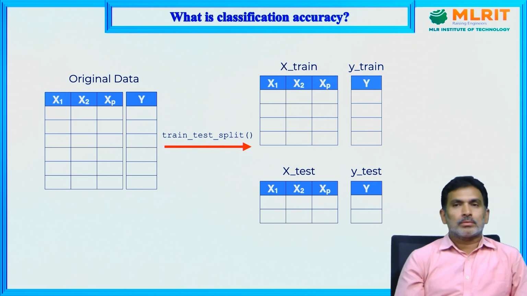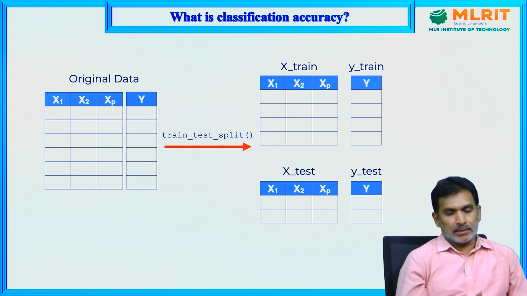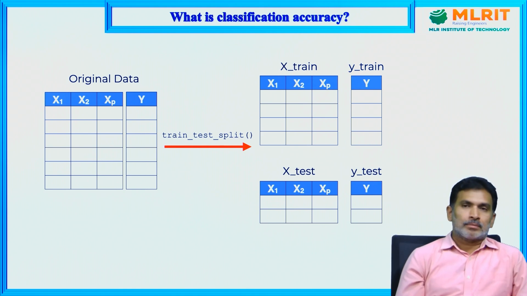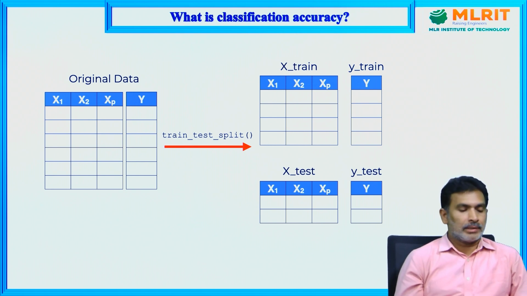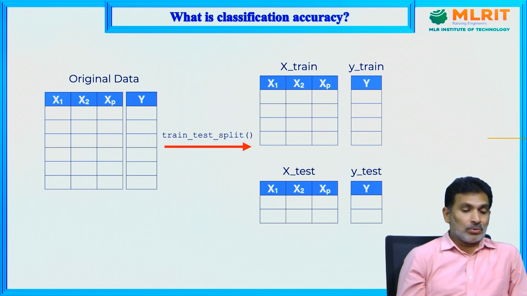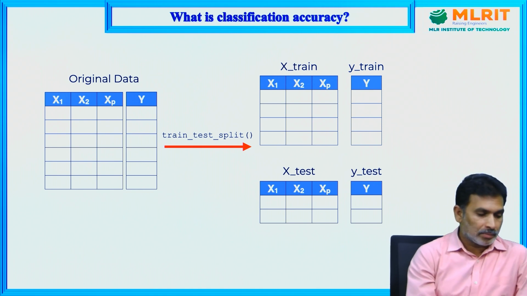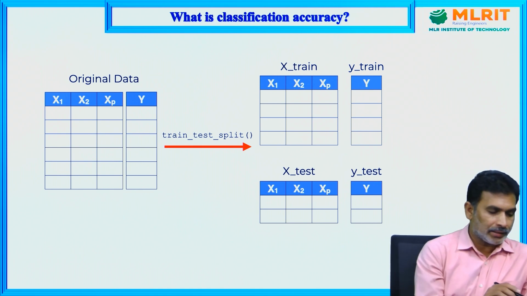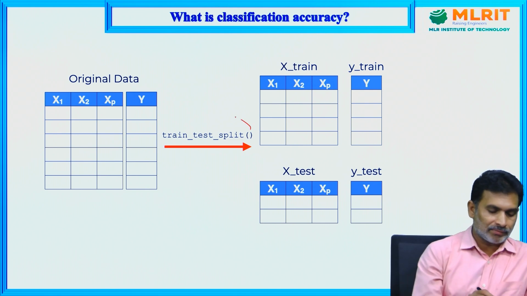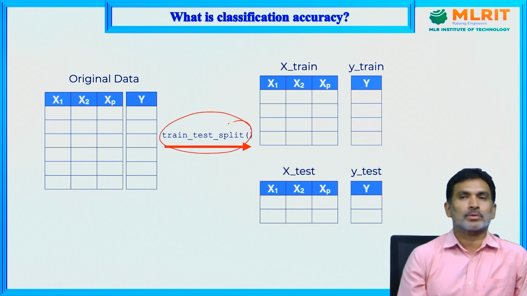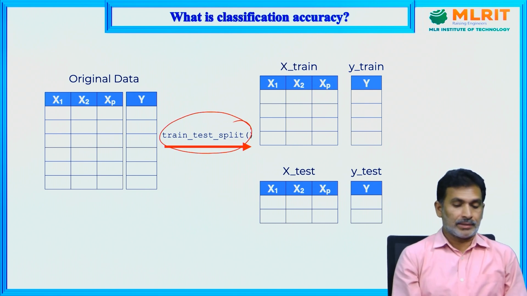Now, how do we handle the data we use to build the model and test the model, that is, to check the accuracy? Suppose the original data set has some attributes. There is a function in Python that we use to split the data set into training and testing.